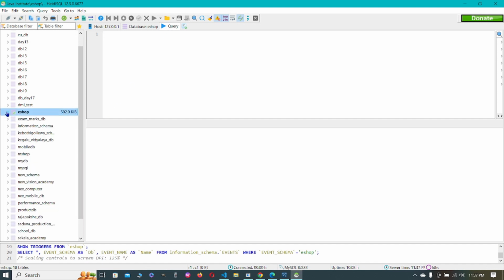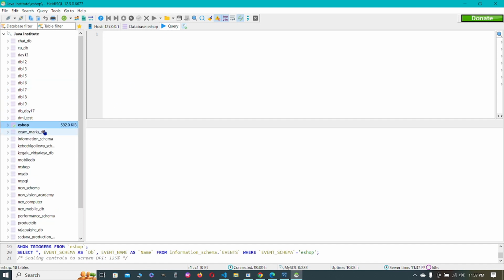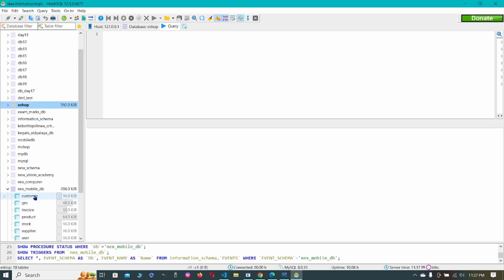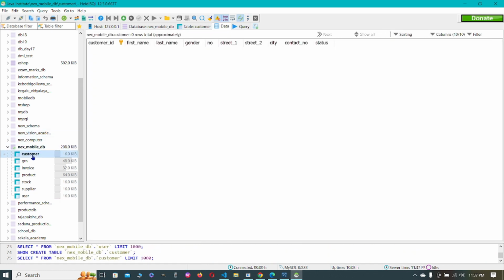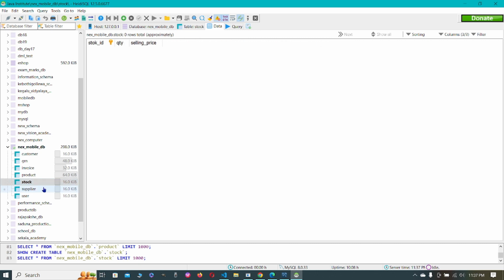As you can see, we can see our database, next underscore mobile underscore DB, and we have created our tables as well. Those are the tables, and that will be the end of the discussion of question set 15, and thank you.